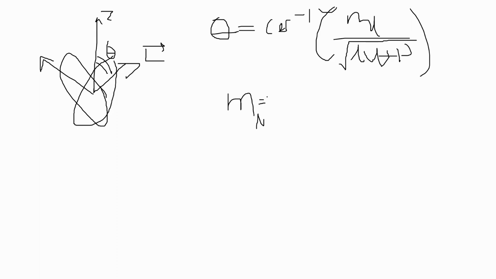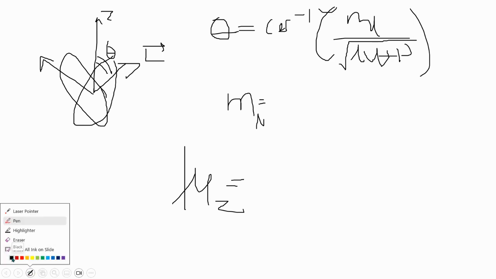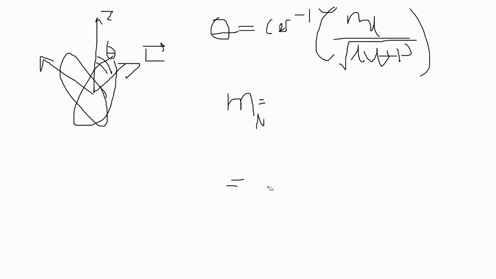Here ml is another quantum number which is found in the presence of the magnetic field, such that the z component of the orbital magnetic moment is proportional to the z component of the orbital angular momentum. What is ml?